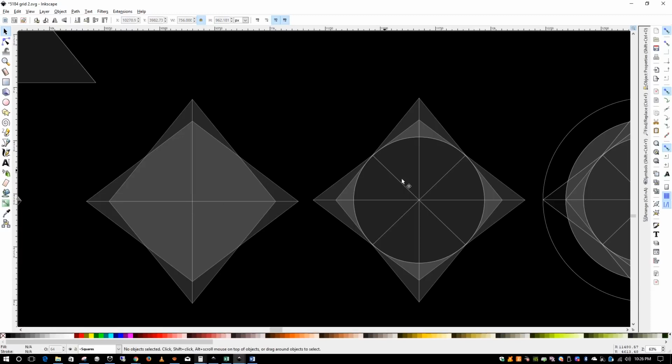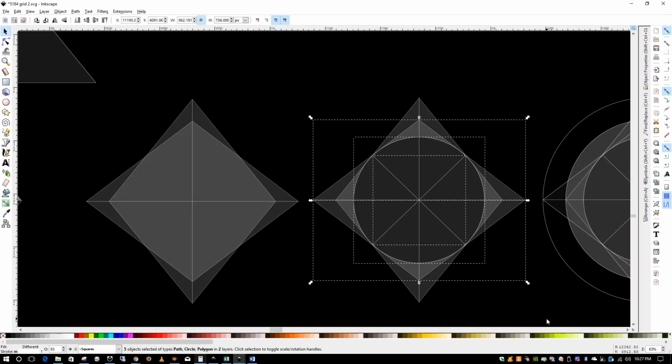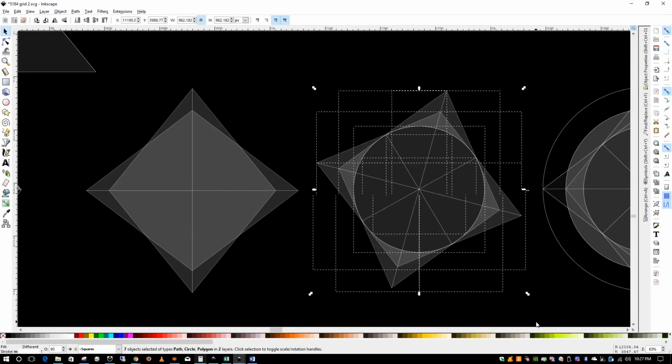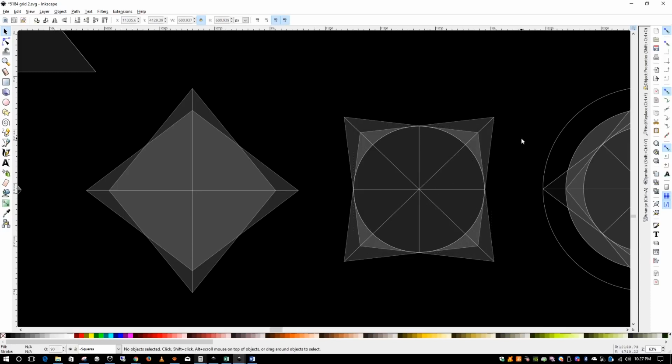So if we take a look here, you might notice that the lines you see on this thing look very similar to what you see on the Great Pyramid, especially if we were to turn it this way.